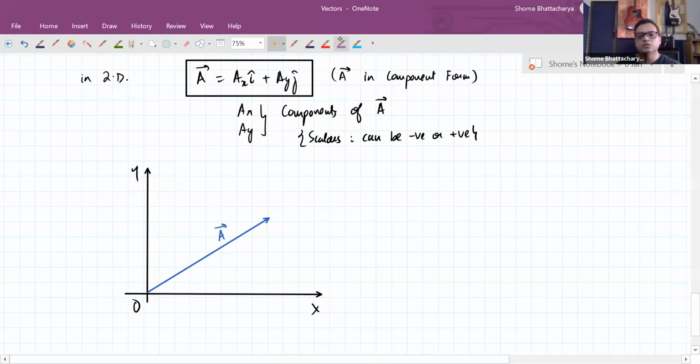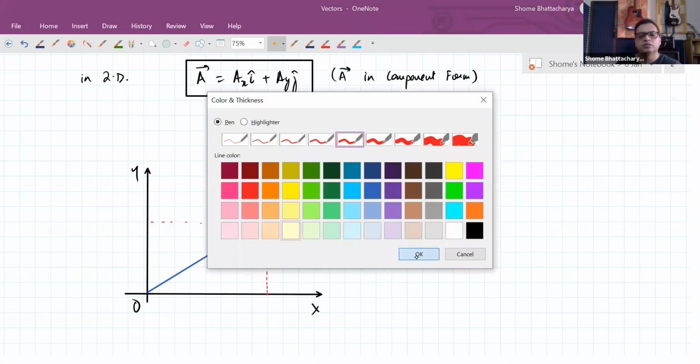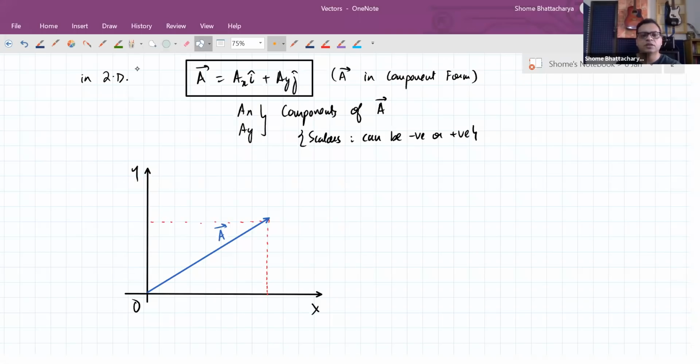So what is the meaning of these two components? As you know, if I drop a perpendicular from this arrowhead onto the x-axis, and draw a perpendicular onto the y-axis, then we come to our first important set of formulae related to components.